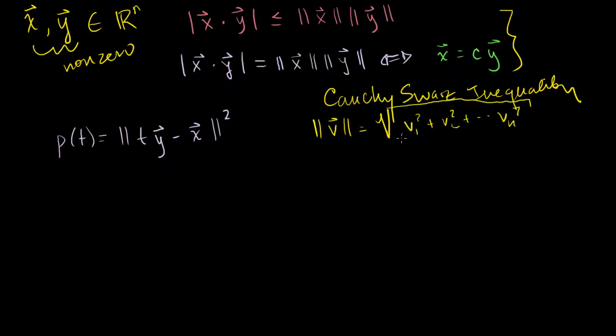When you square a real number, you get something greater than or equal to 0. And then you sum them up, you're going to have something greater than or equal to 0. And you take the principal, positive square root, you're going to have something greater than or equal to 0. So the length of any real vector is going to be greater than or equal to 0.